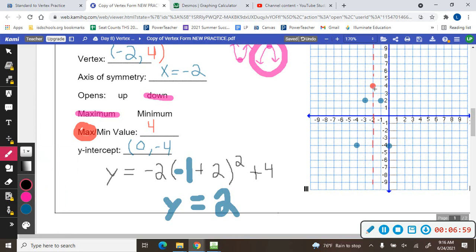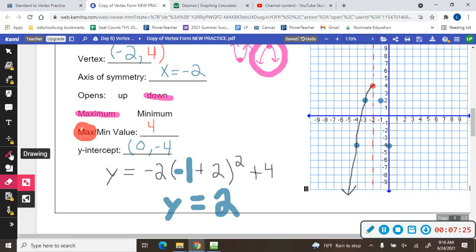And I know it's going to come down, go down here forever, and it's also going to go down here. Now my parabola needs some work because it looks like the maximum's right there.